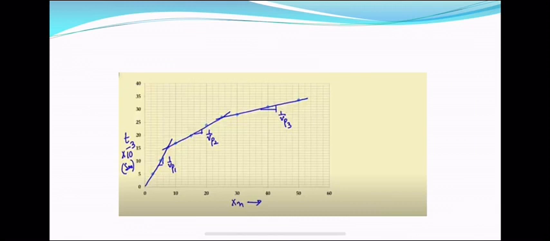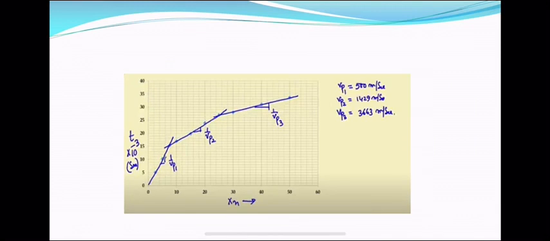500 meters per second. From the figure we get the Vp1 value as the slope value, that is Vp1 is equal to 500 meters per second, Vp2 is equal to 1429 meters per second, and Vp3 is equal to 3663 meters per second.